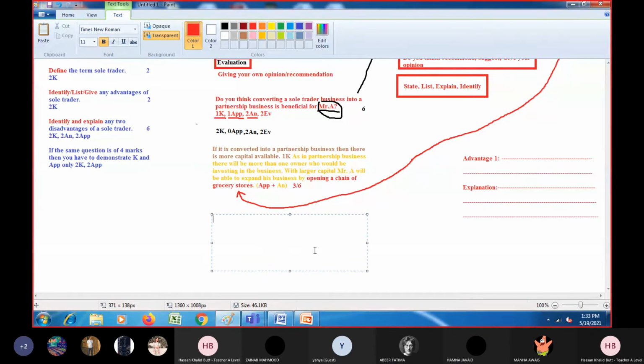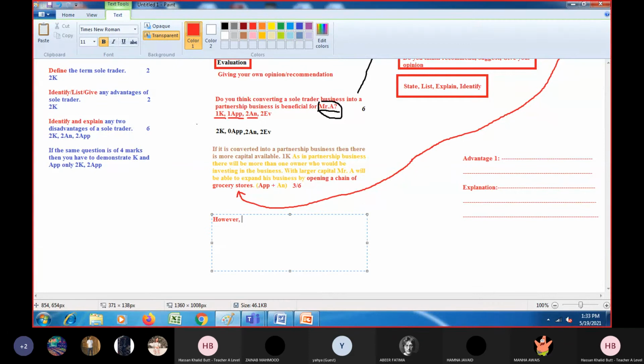All right. Now, whenever you are talking about the other side, this is the most suitable word which you should use at the start of the sentence: however. It's suitable in economics as well.